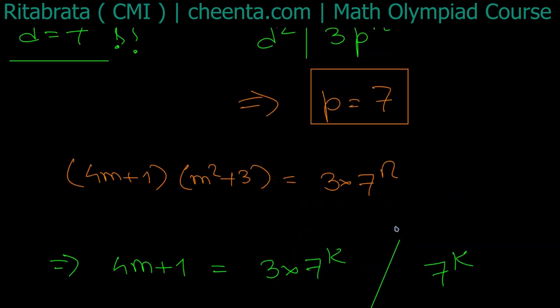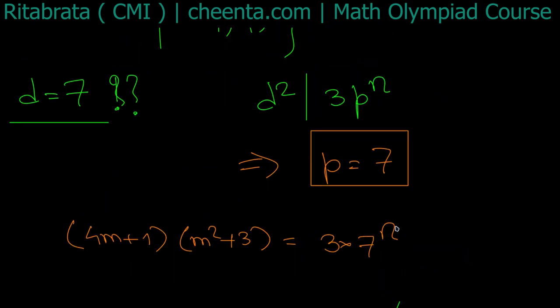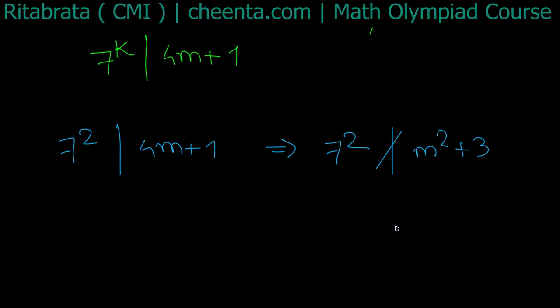And you also know that d square divides 3 times 7 to the power n. So you know that 49 divides 3 times 7 to the power n. So we have n is greater than or equal to 2. This is also an easy observation. Now what more can we say about this?